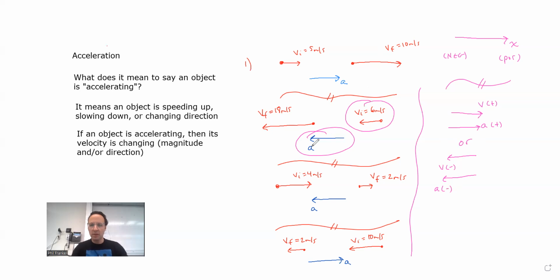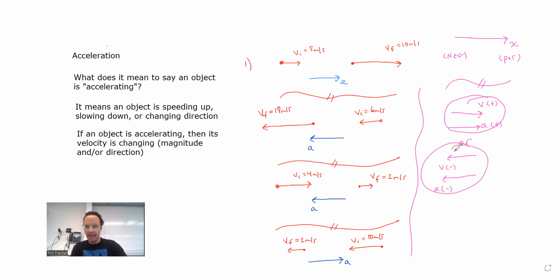So what's important to appreciate here is that when the velocity and acceleration are both positive, or when the velocity and acceleration are both negative, then the speed of the object goes up. The object speeds up.